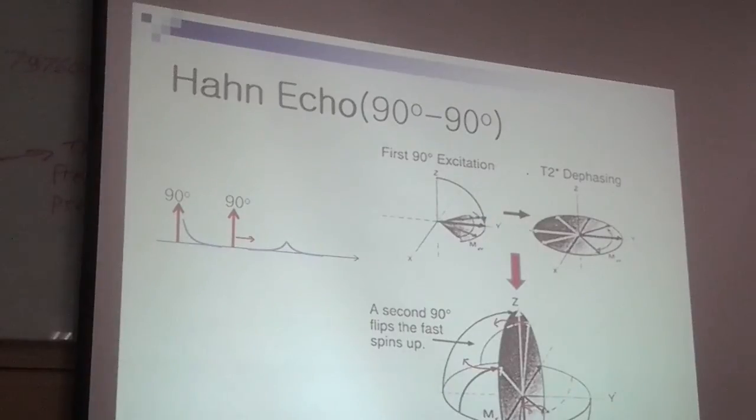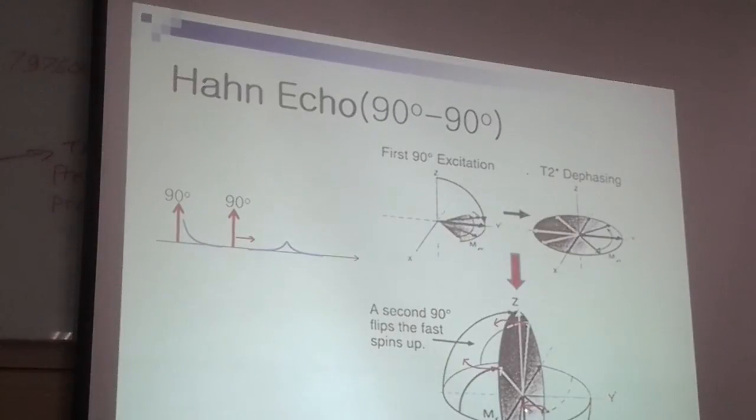Here, the white arrows mean the fast rotating spins, but the black arrows mean the slow rotating spins.